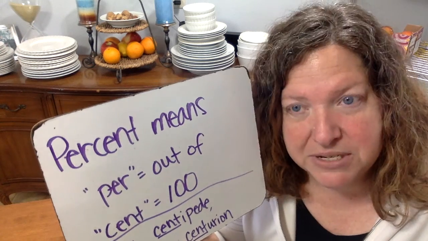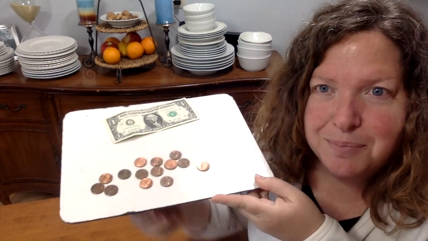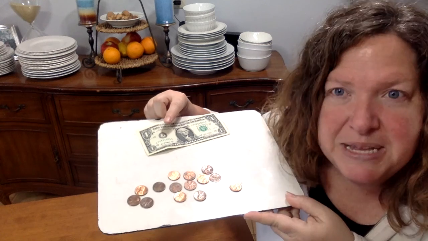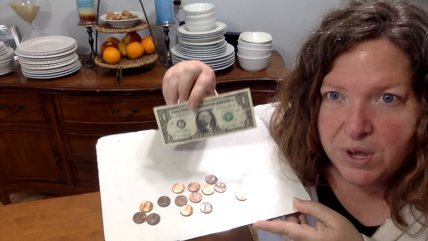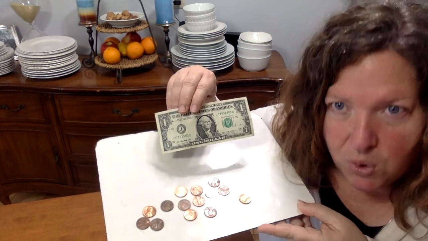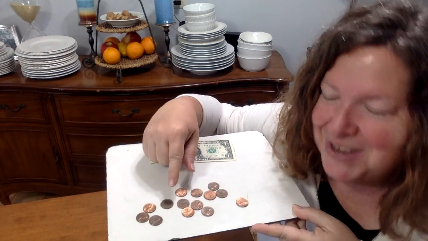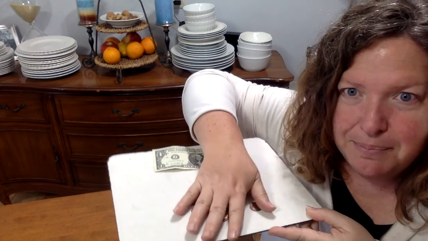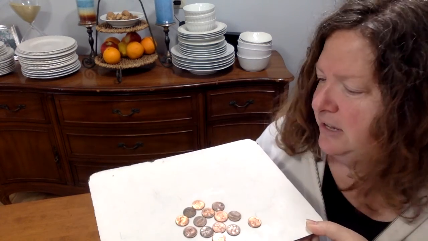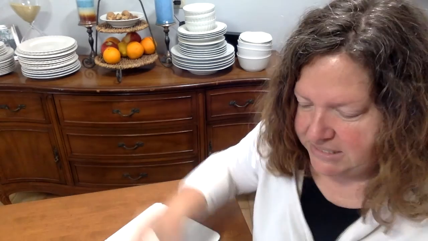So that's, again, where our money comes in, because 100 is representing the whole thing. So just like this $1 is representing the whole, one whole, and these pennies, these cents, are the parts. So let's talk about how we could talk about this amount of money out of a dollar. So we counted it and it was 14. Okay, I'm going to tip this down so we can see it a little easier.